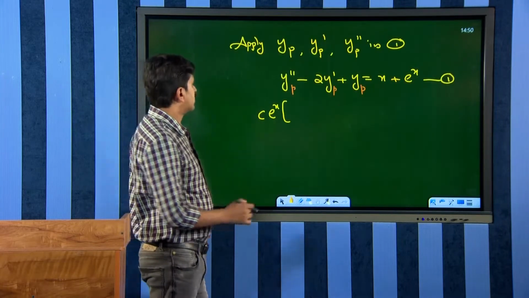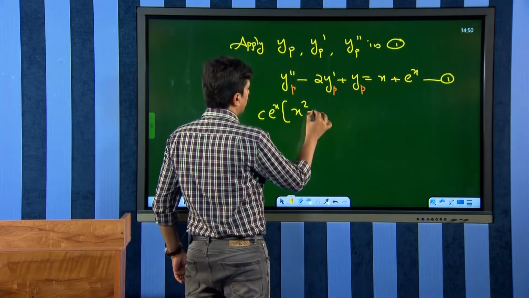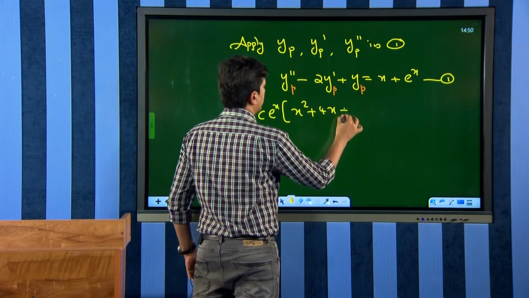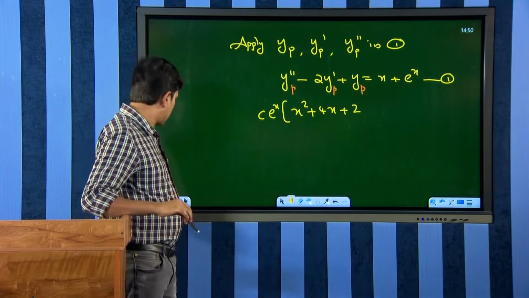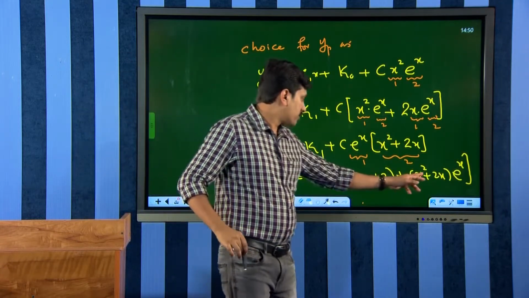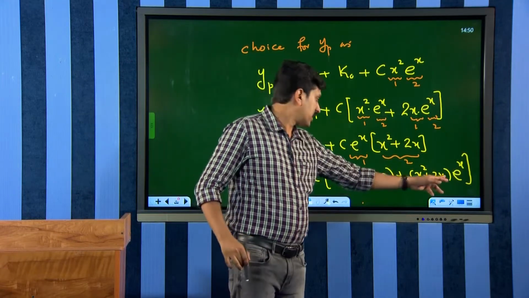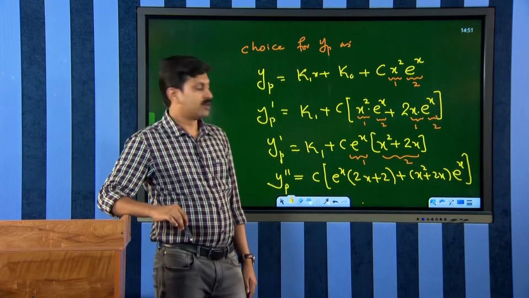So x square plus 4x plus 2. See here we have x square plus 2x plus 2x is 4x and plus 2 is there. Fine.